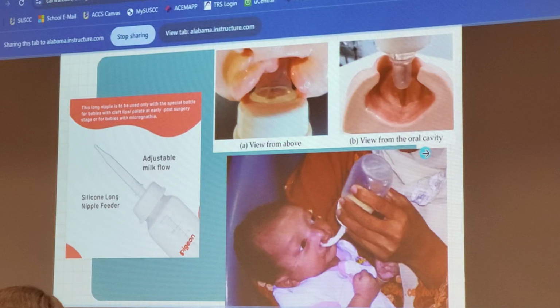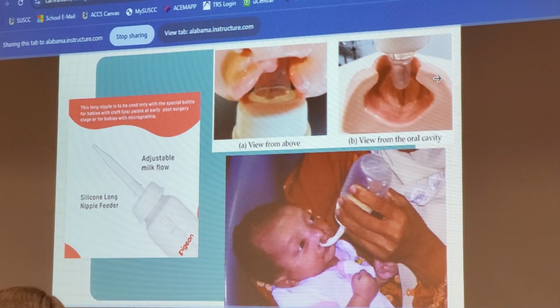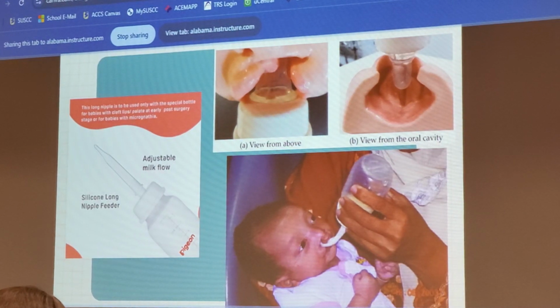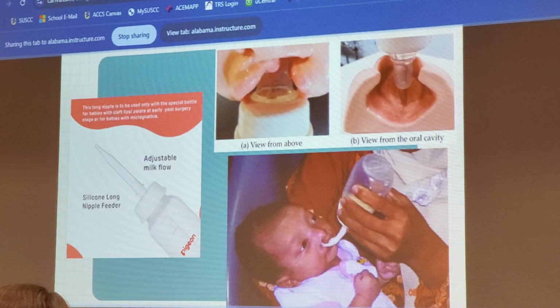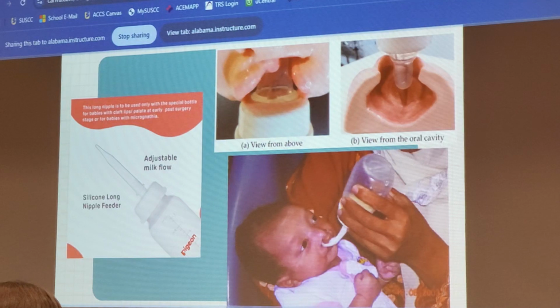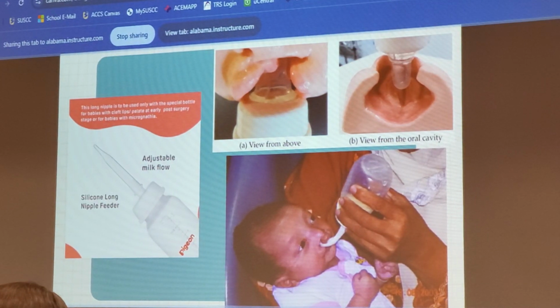Over on the far right, we have this cleft palate, and we're not putting the nipple inside the cleft itself. We're kind of letting it rest right on the outside. If we put it right inside of that palate, it encourages the formula to go other places. It doesn't encourage the formula to go to the back of the throat, down into the esophagus.